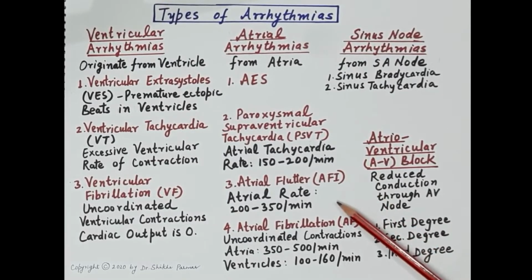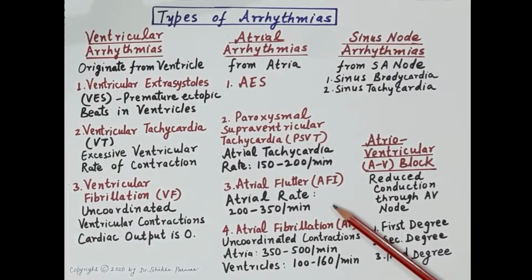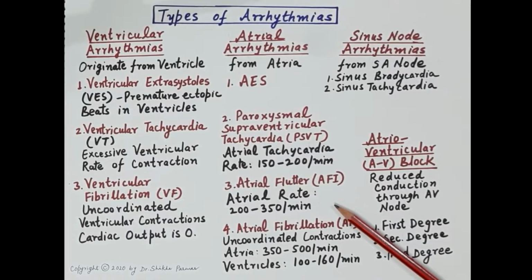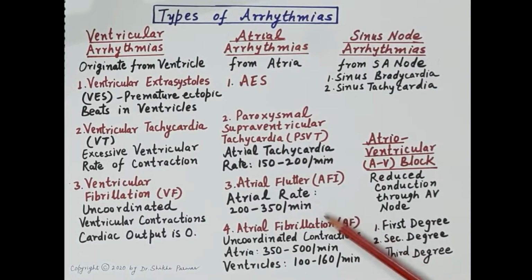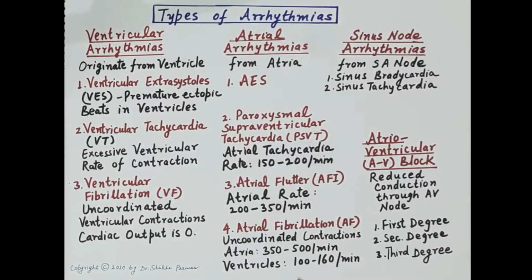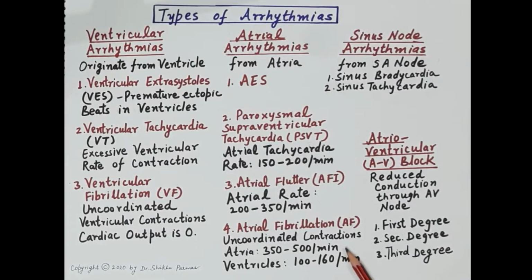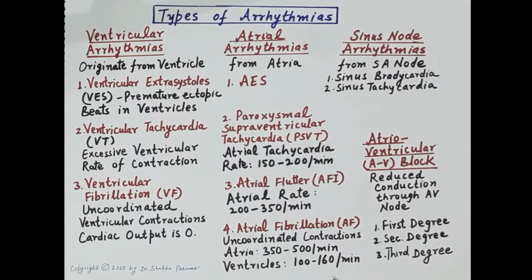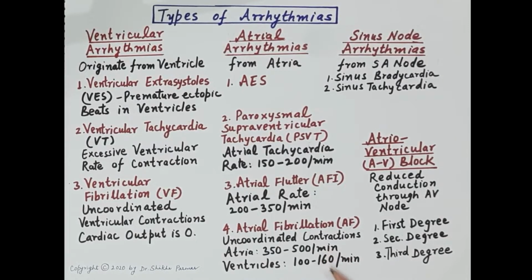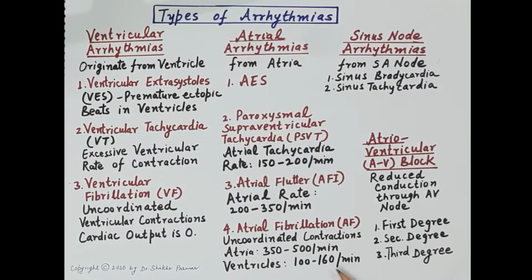Then atrial flutter, where the rate of contraction of atria is 200 to 350 times per minute. Then atrial fibrillation. In fibrillation the contractions are highly uncoordinated and the atria contract at a rate of 350 to 500 times per minute, whereas the ventricles contract at a rate of 100 to 160 times per minute. So these contractions are highly uncoordinated.